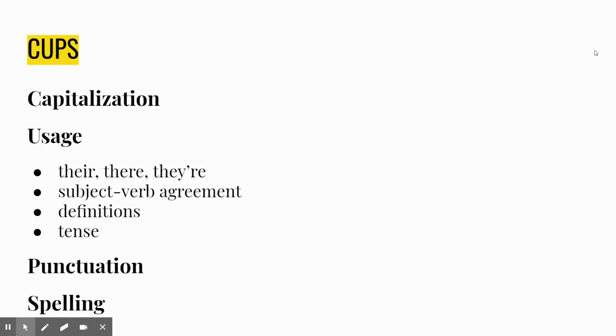Think about the subject verb agreement, plural subject, plural verb. Think about, does it meet the definition? Does the word mean what you think it means? And also think about tense, punctuation, spelling. Double check all of that.